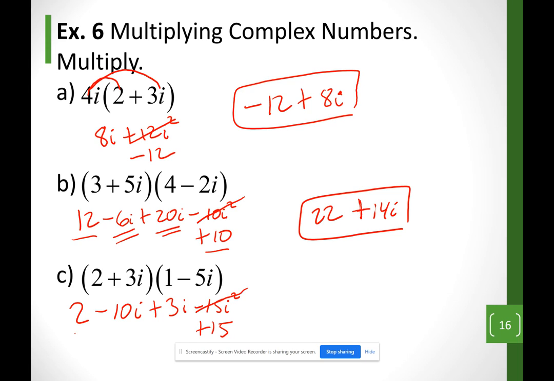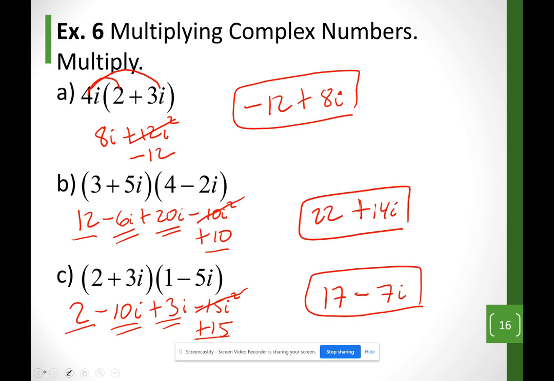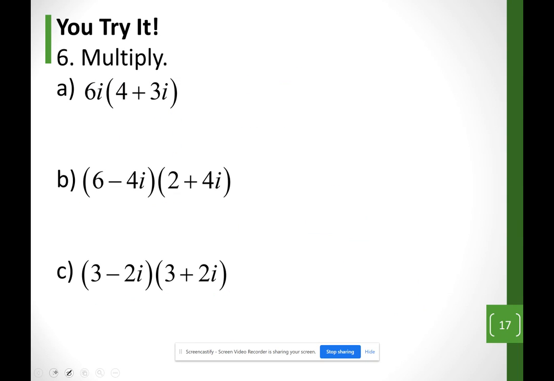So when I see the real part, those that don't have an i, 2 plus 15, I get 17. When I look at the imaginary part, negative 10 plus 3 gives me negative 7i. Now this is for you guys to try at home.